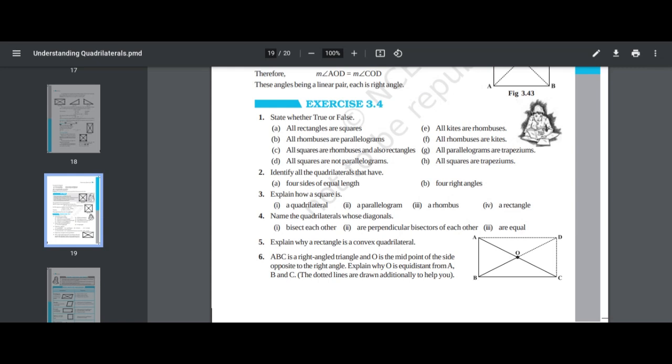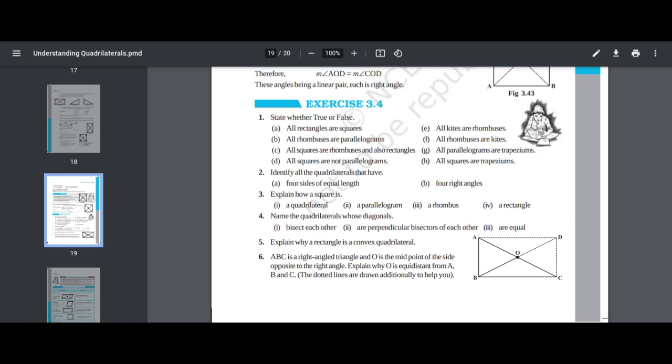Identify all quadrilaterals that have four sides of equal length. It's a square, right? No, four sides of equal length: a square and the rhombus as well. Rhombus and square are the quadrilaterals that have four sides of equal length. For the B part, four right angles.